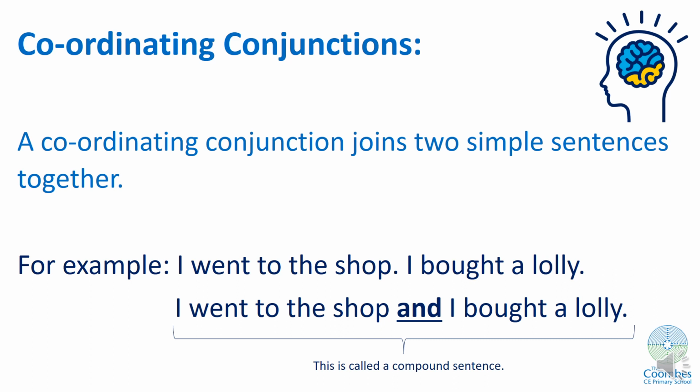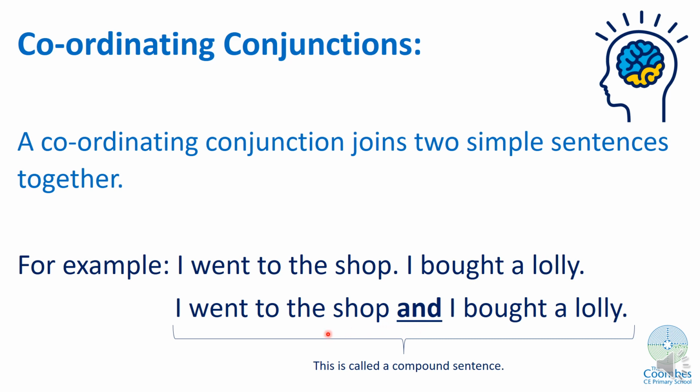A coordinating conjunction joins two simple sentences together. So in this example here, we have two simple sentences. I went to the shop, I bought a lolly. We can join those two simple sentences together using a coordinating conjunction.